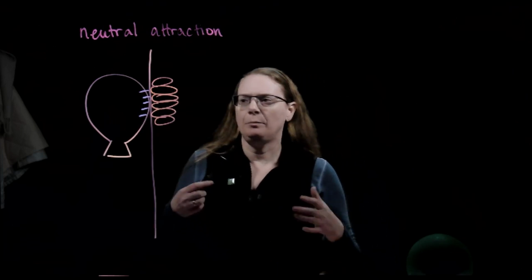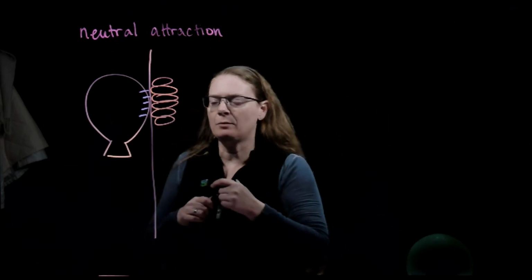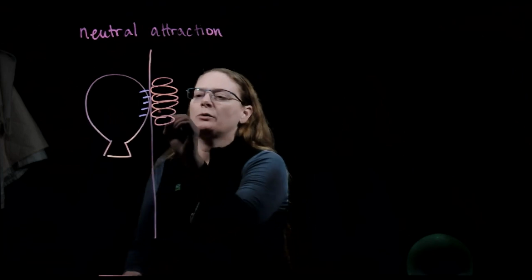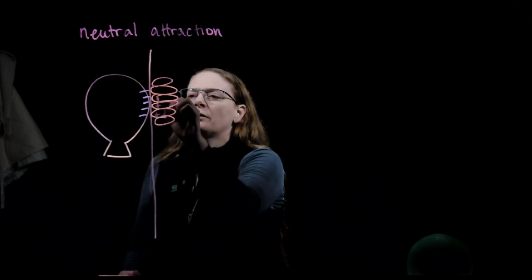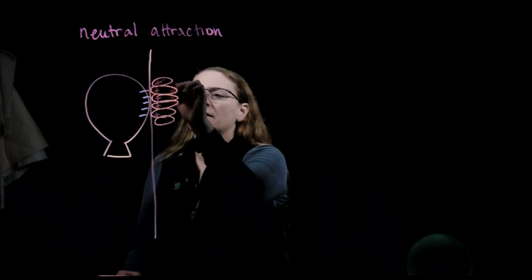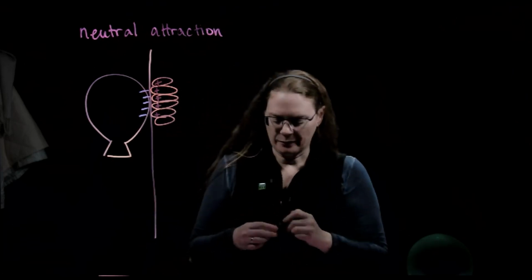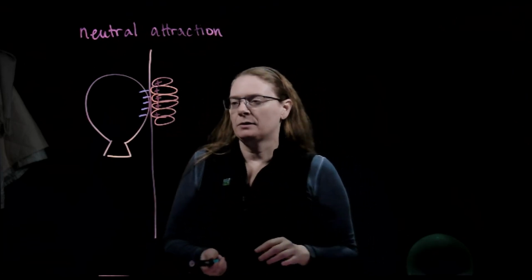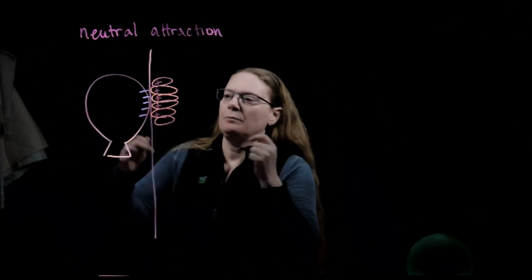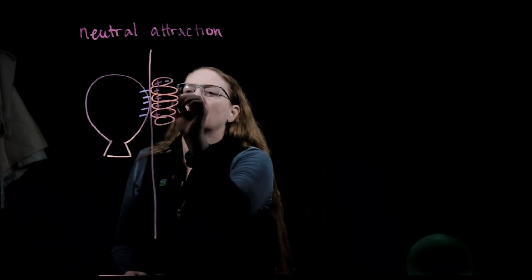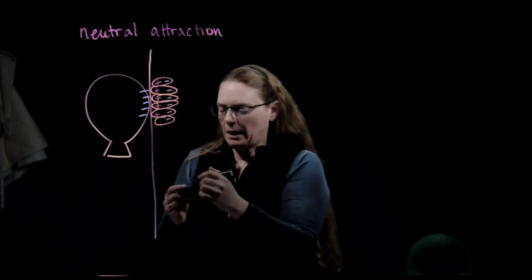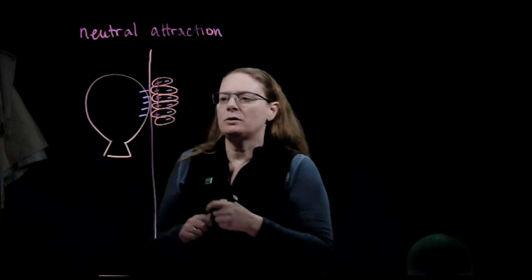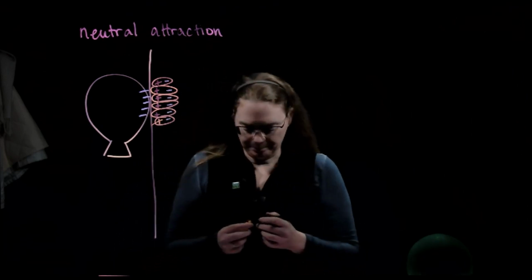Well, the positive part of the atom is going to be attracted to those negatives, because opposites attract. The negatives are being repelled by these negatives. Likes repel, so the negatives are going to go away.